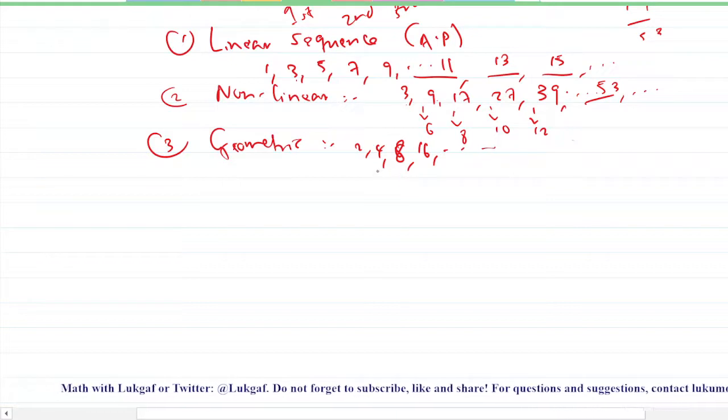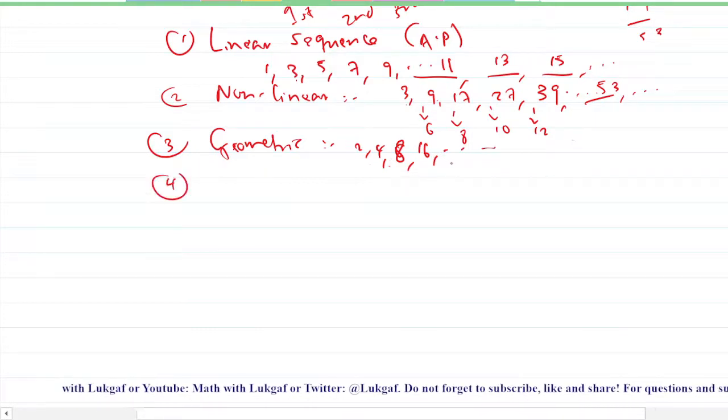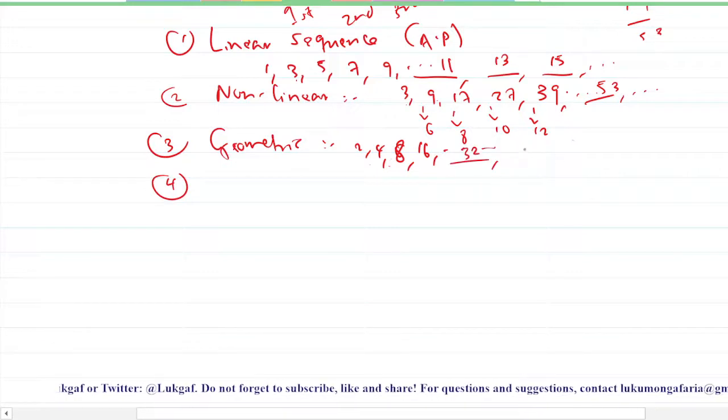The relationship between the first two terms is 2, that is multiplying the first term by 2 to obtain the next one. So 2 times 2 is 4, then 4 times 2 is going to give me 8. This is an example of a geometric sequence. You can obtain the next one by multiplying 16 by 2, that will give you 32, 64, and so on and so forth.